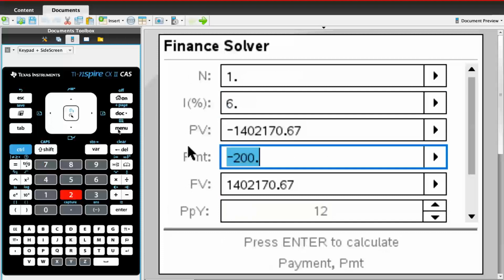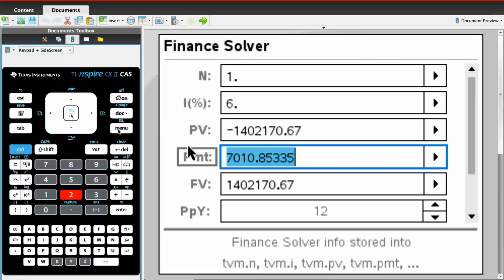And the question is, what is the amount that he would be able to draw each month so that he could do that for as long as he lives? So if we solve for that, we'll see that it's a positive 7010.